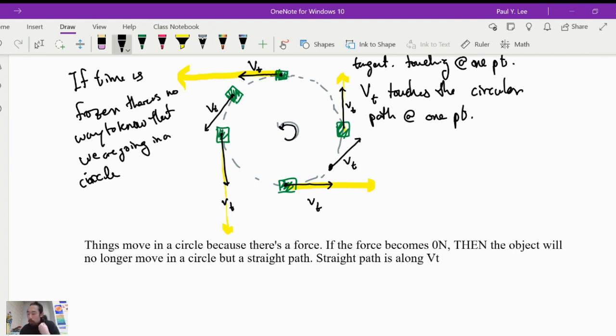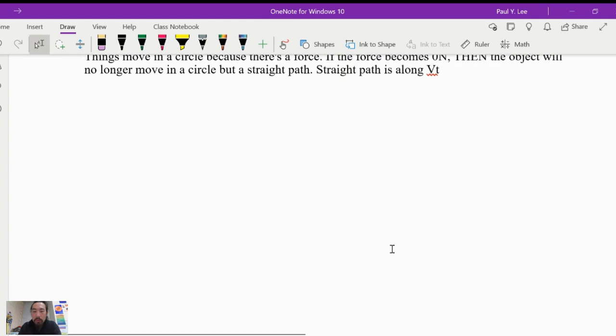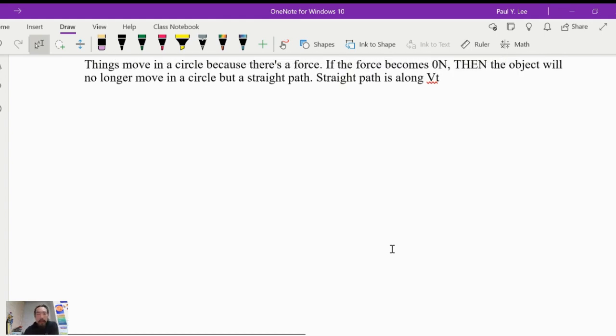All right, cool. So moving on with our notes, let's get to the formula itself. Before this in the lab, we got the generalized math formula, but I want to give you the official formula. The official formula is sigma F, the sum of all forces, with a little subscript C to let you know that we are looking for forces that cause an object to move in a circle, is equal to MAC.